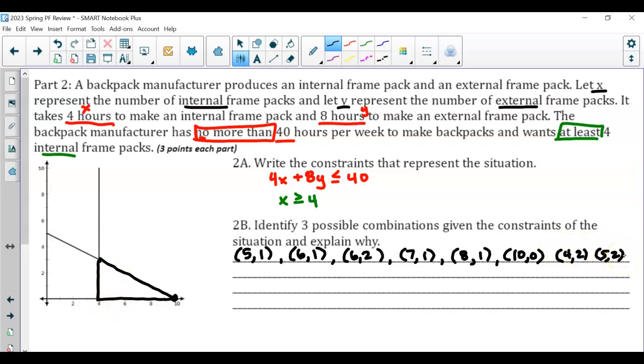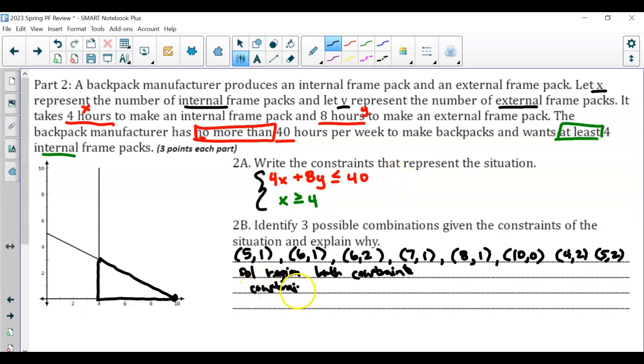And one of the reasons I just told you, actually, a couple of them were 1, because remember, you have to explain that not only are they in the solution region for both constraints, but they also make sure that if you were to plug in or substitute into either, they make both constraints true.